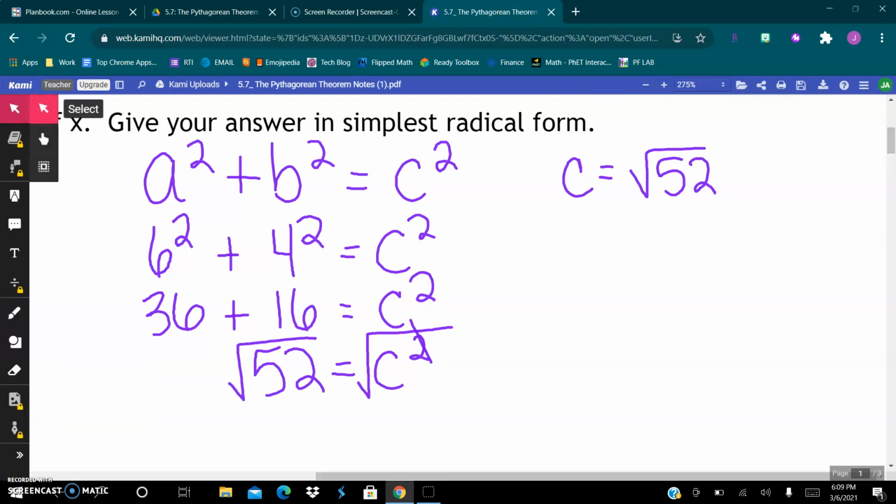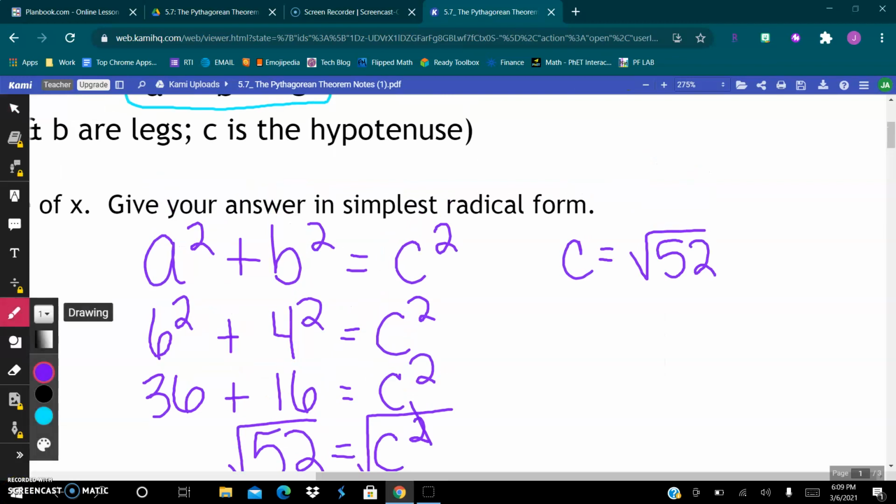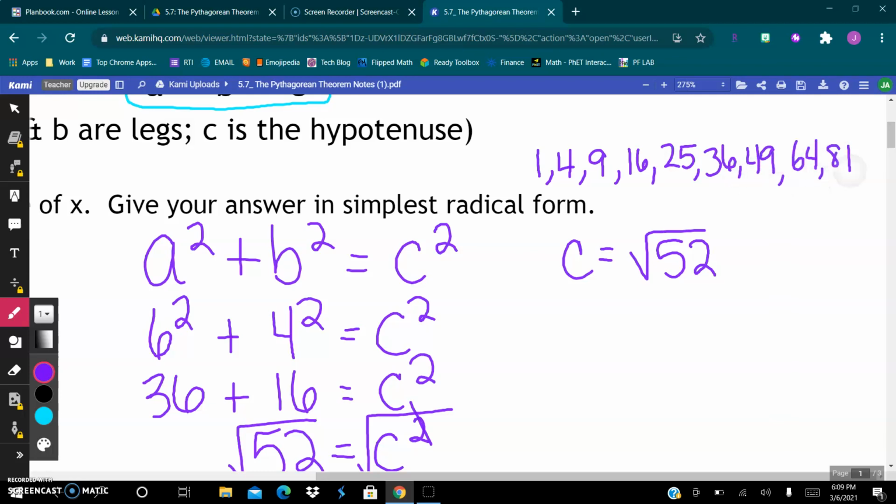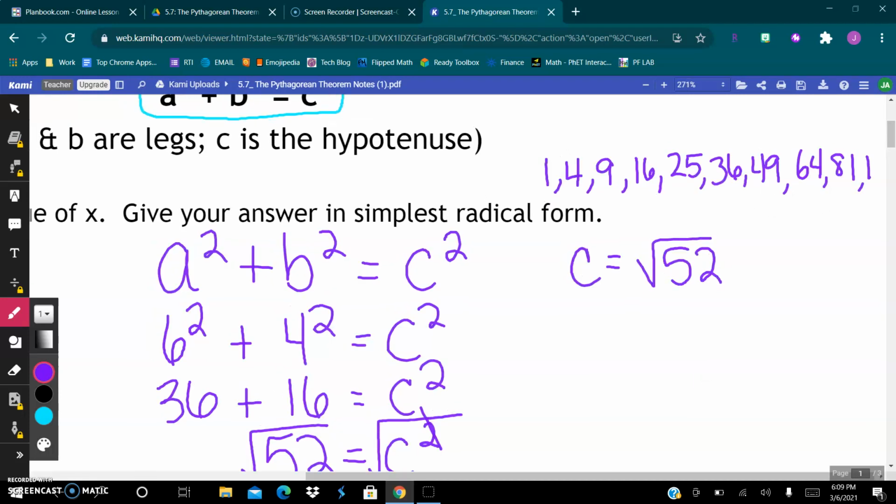And remember, we have perfect squares. Those perfect squares would be 1, 4, 9, 16, 25, 36, 49, 64, 81, and 100. And the list goes on, but those are all of them from 1 to 100.